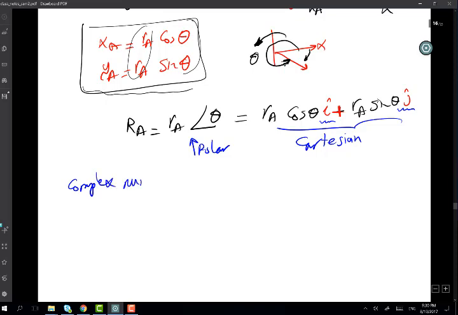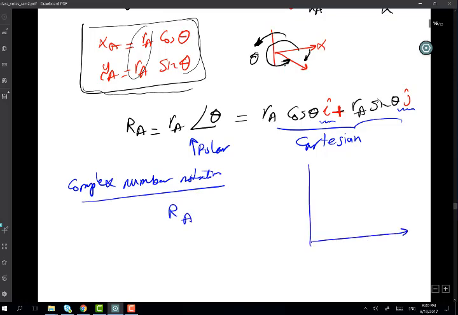Here I have real, which is my x value, and instead of y, which we know it is, in complex number notation we call it the imaginary axis. So when we have a vector, point A, that's RA, length RA, angle theta, we can write it like that.